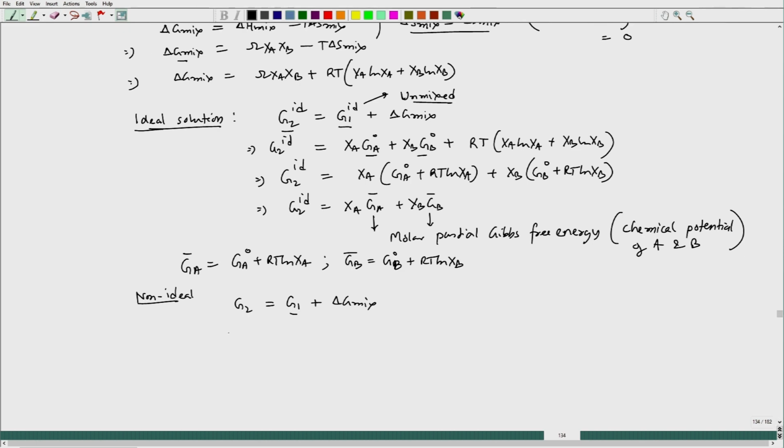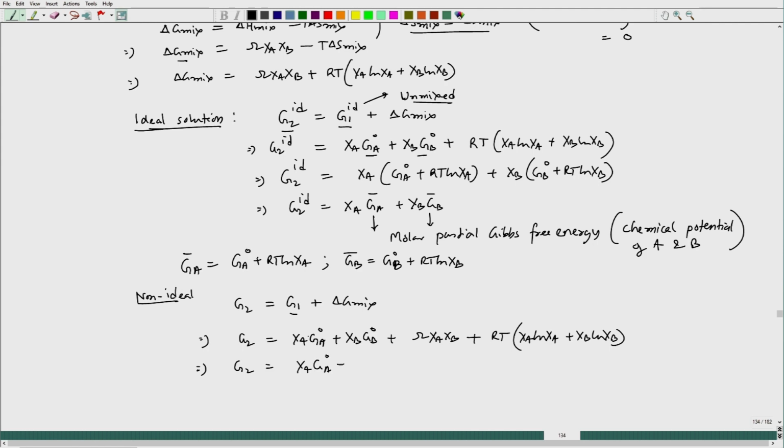So now we can write G2 equals XA GA naught plus XB GB naught plus omega XA XB plus RT (XA ln XA plus XB ln XB). Now we can do some smart processing of this equation.